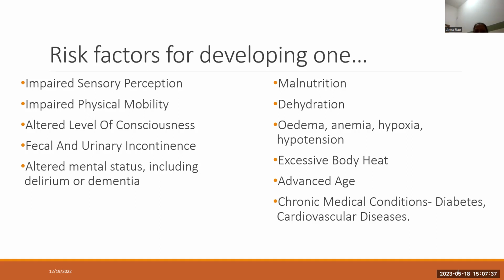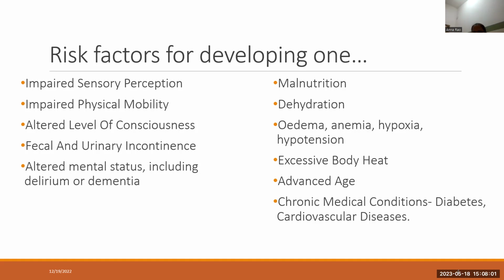Okay, so you can say that the person is having sensory perception impairment, right? When the person does not know what is happening, he has no sensation, then he is bound to develop bed sore because he won't come to know what is happening to his skin in the local area. So that injury will take place.